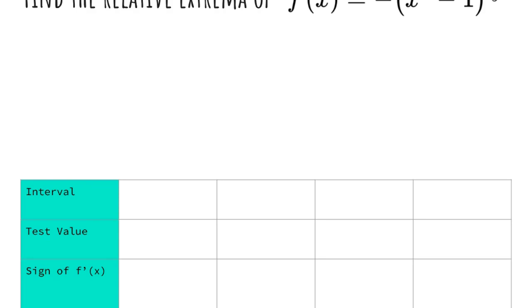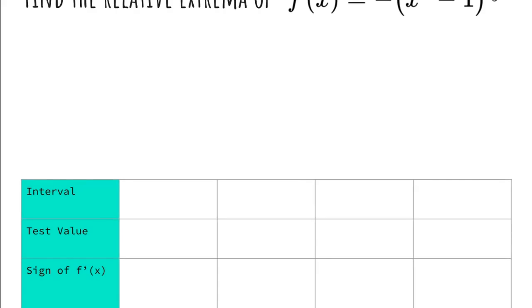Okay, so now on this one, we want to find the relative extrema. And these examples are different than the ones in your book, so feel free to look at your book for more examples. So I'm going to find f prime of x. I'm going to bring down that exponent, and I'm going to subtract 1.